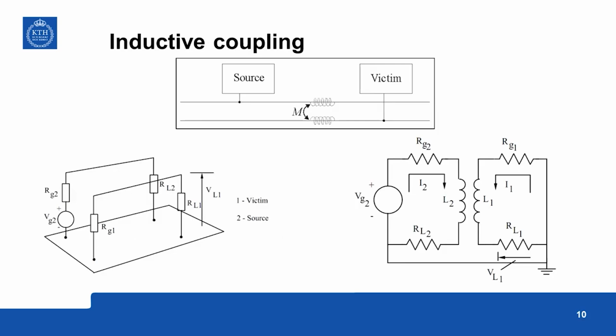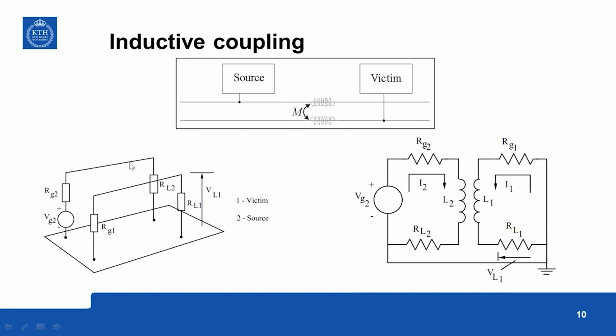Now inductive coupling, where between the source circuit cables and victim circuit cables you have a magnetic field interaction, which is modeled as a mutual coupling M. The same basic three conductor scheme is used. Here you have the source circuit that is shown here, then the victim circuit that is shown here. This coupling between these two lines is shown as a transformer.